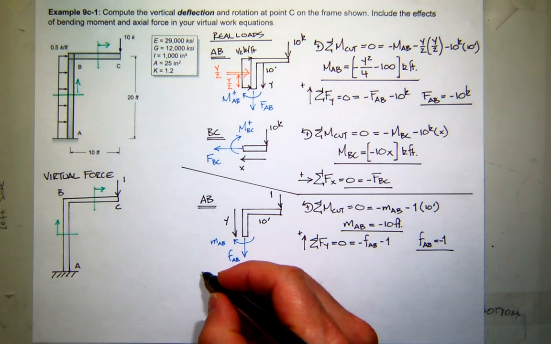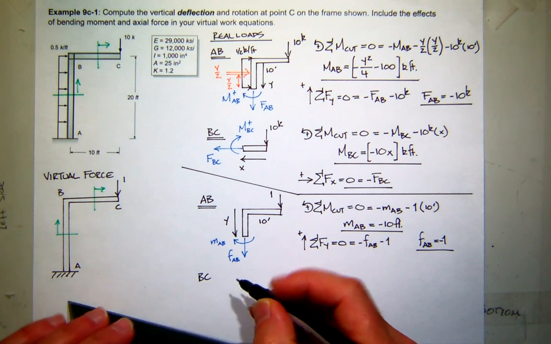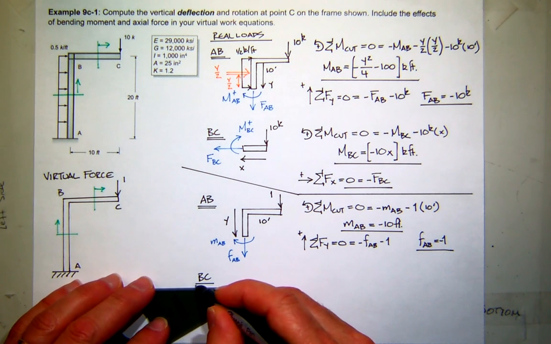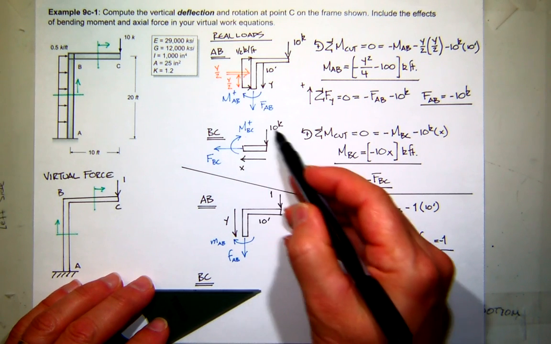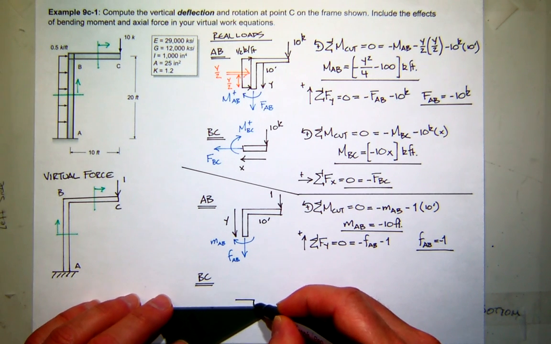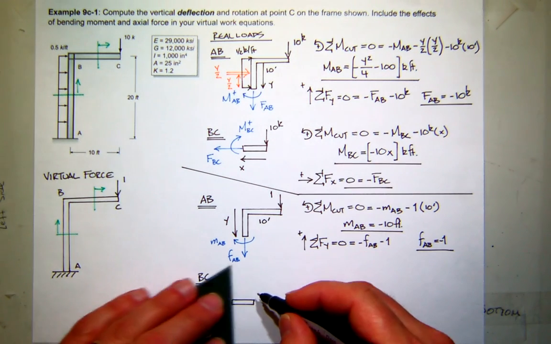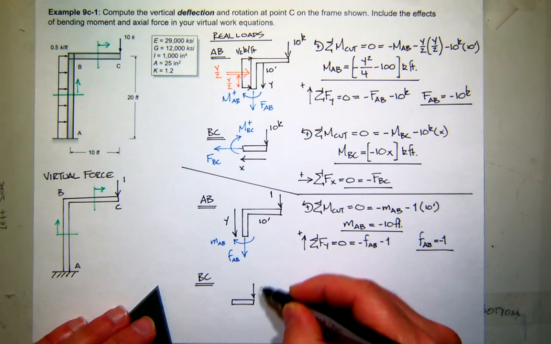So the last little piece we need to do would be the BC section. We used this type of free body before. We'll have the same one this time, except the force won't be 10 kips, it will be 1 kip.